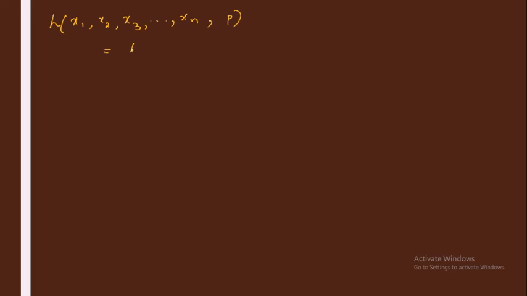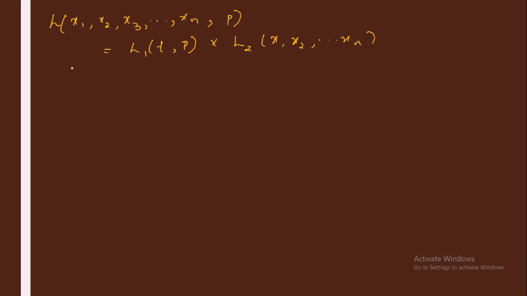This should be equal to L1, the statistic, that is something concerned with the summation xi and the parameter, multiplied by another function L2 of x1, x2, etc., xn, which is independent of the parameter. If you are able to express this likelihood in this form, then we will be able to find out whether summation xi is a sufficient estimator of the parameter p.